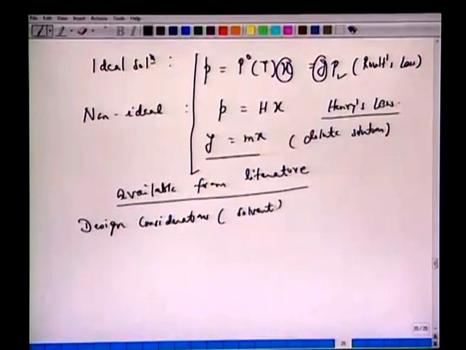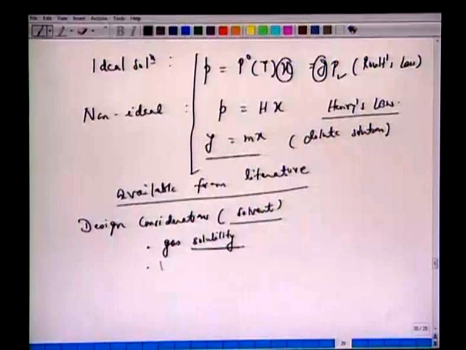So, for the choice of the solvent, of course, first the gas should have very large, significant solubility. That is the first choice. If we choose water, we should have a very large solubility for sulfur dioxide or for ammonia.